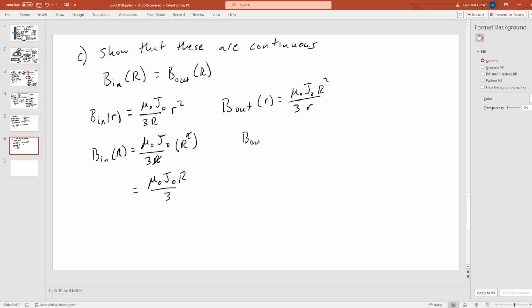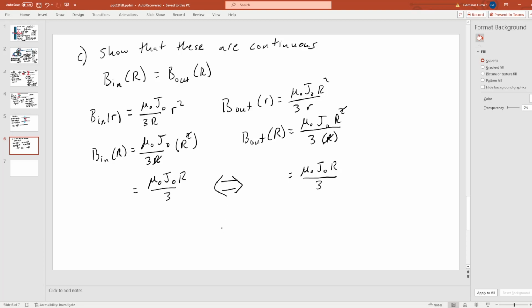For my outside field, this becomes mu naught J naught R squared over 3 capital R. One of the capital R's in the denominator cancels with one of the R's in the numerator, and I get mu naught J naught R over 3. So these are equivalent. So my field is continuous.